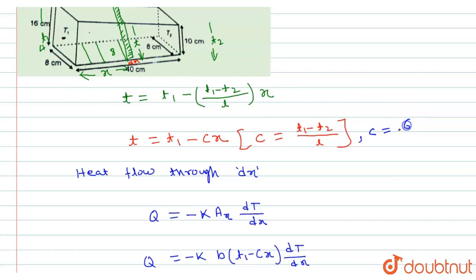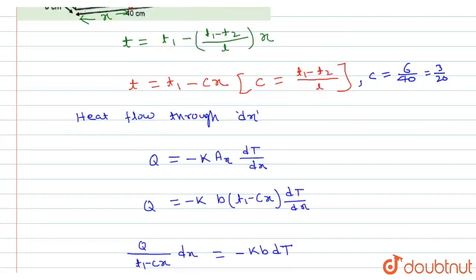Clear? So 6 divided by 40 is equal to 3 divided by 20. So this C is 3 divided by 20.